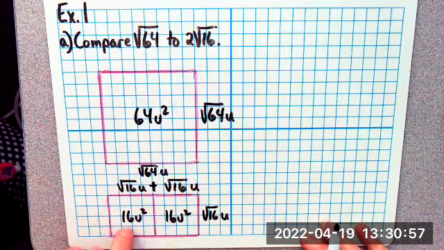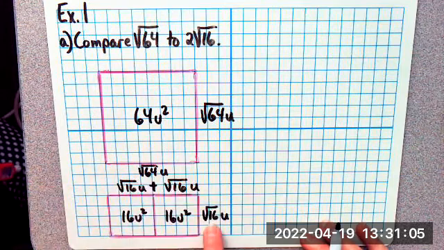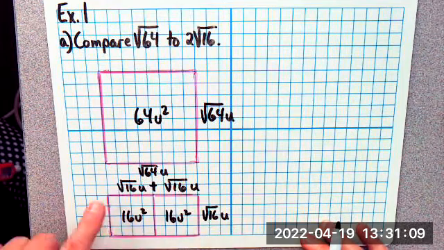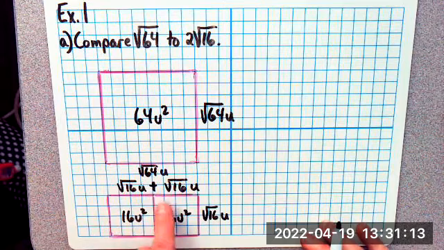So if I have a square of 16 and a second square of 16 here, both of these widths are the square root of 16 units. And up here, I have the square root of 16 units plus the square root of 16 units.